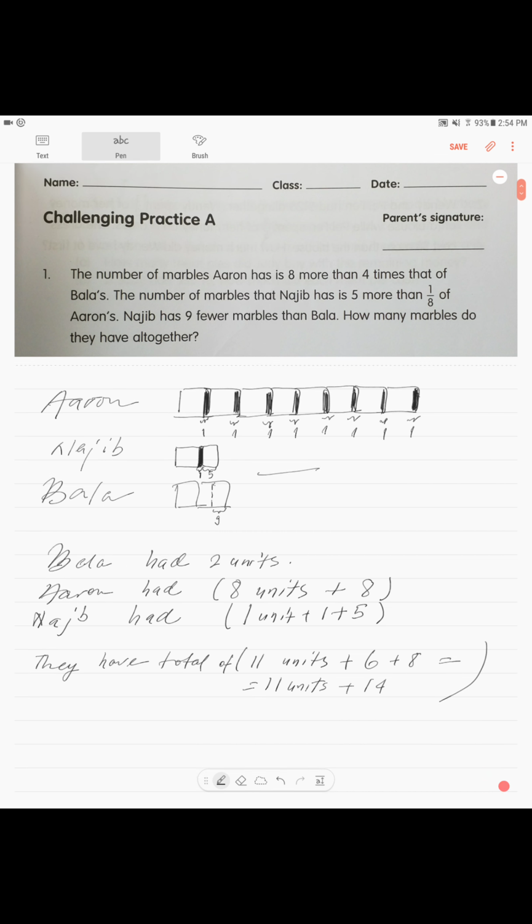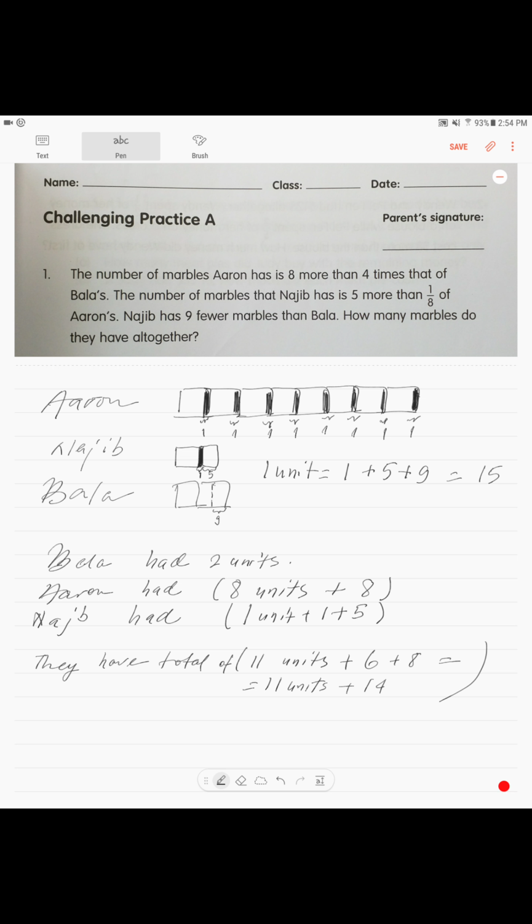If you look here again, you can clearly see that 1 unit is made of 1 plus 5 plus 9, right? This is 1 unit. So we know what 1 unit is: 1 unit is 15. So what is the total?